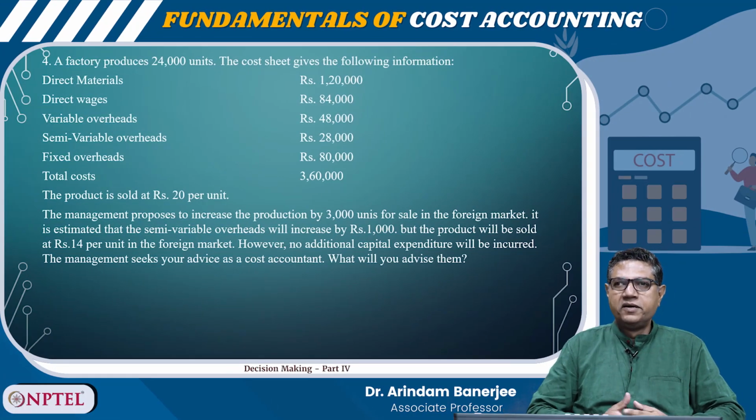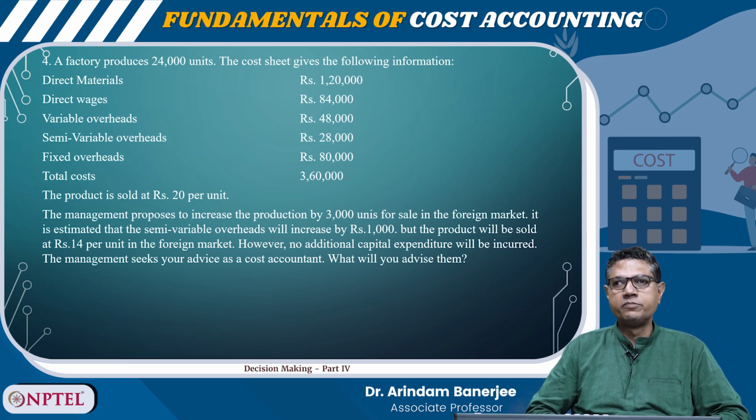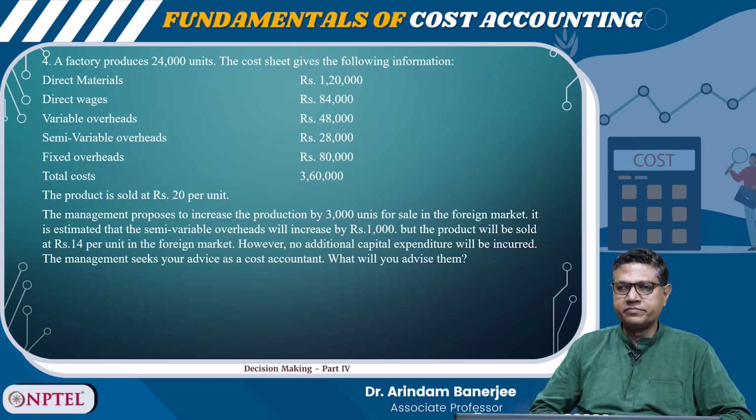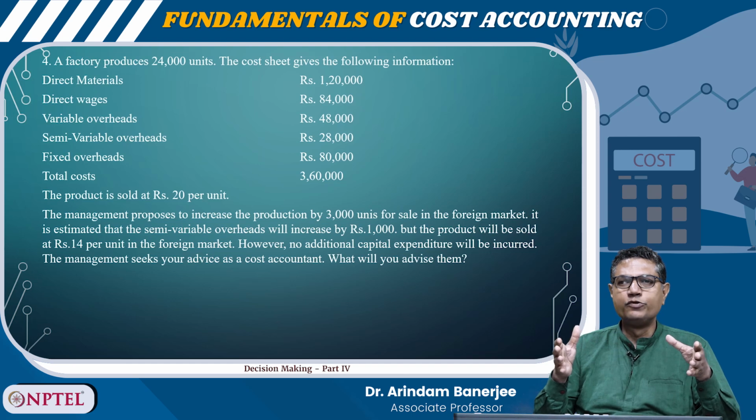Hi. In the previous class, we discussed a few problems and solutions of decision making, and also the ideas behind the decision making process using cost and management accounting data. Just for a small recap, if you remember, we discussed in the concepts of marginal costing that for a company, the total cost we can segregate into two parts.